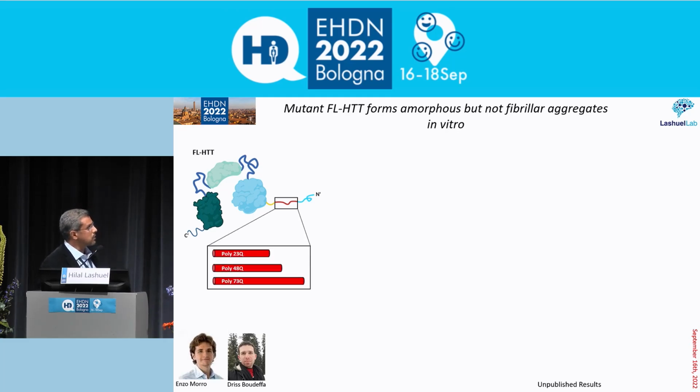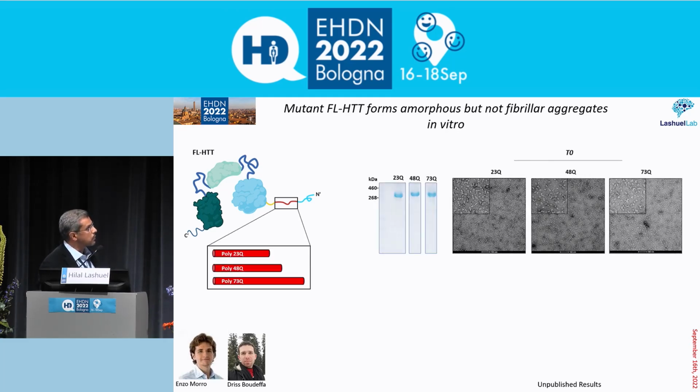To address this question, with the help of CHDI, we got proteins containing different polyQ repeats. Here is full-length Huntington protein, and you can see it predominantly has these globular structures. And I had challenged one of my research associates in the lab early, Idris, to find a way to induce Huntington to form fibrils, and he couldn't.